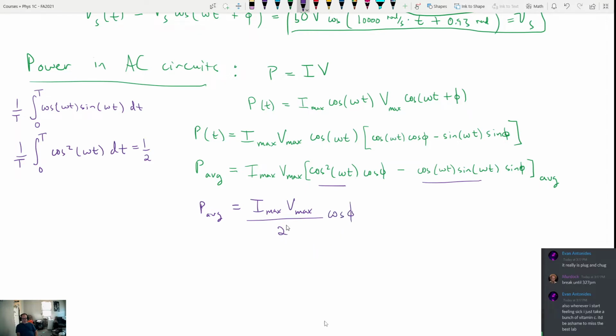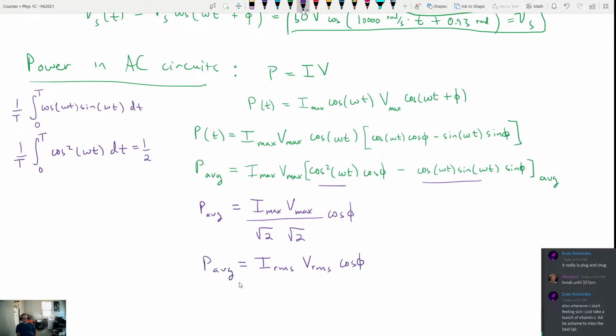But this 2 is the same thing as the square root of 2 multiplied by the square root of 2, and I max over root 2 is I RMS, and V max over root 2 is V RMS, and then we have this cosine phi hanging out here.